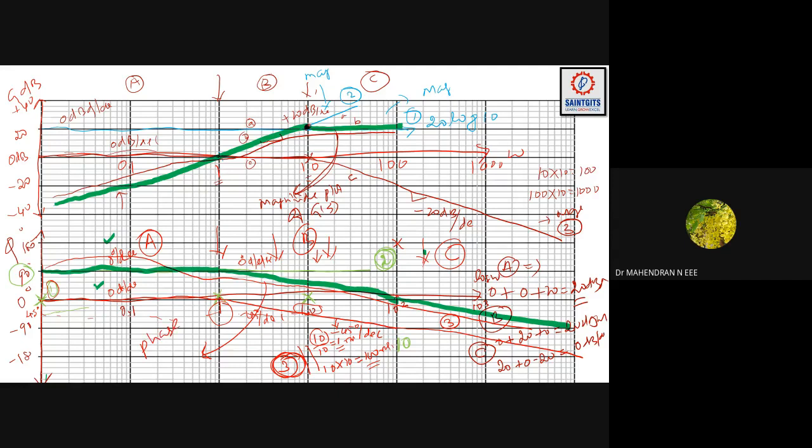This is the asymptotic Bode plot, and this is the method to draw your asymptotic Bode plot. If you have any doubt, then you can discuss with me. Is there any doubt in this?